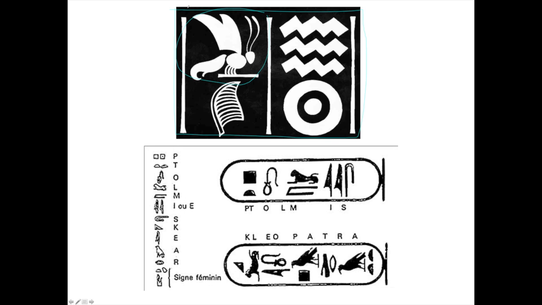They would have a whole bunch of symbols and pictograms that would represent different sounds to create words. So maybe this would say b, and this would say a, and this would say t, and this would say h. So when we read it, it would say bath. And they created this system so that each symbol, much like our letters today, would represent a sound to create words.